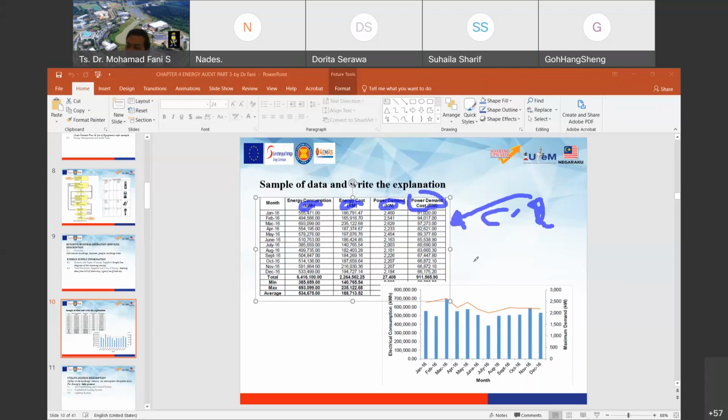If it is shop lot B, they also get power demand, but there is no cost for the power demand. TNB only charges A type and B type consumers with the flat tariff, which is one charge for the kilowatt hour only. And you can also produce this graph, something like here.